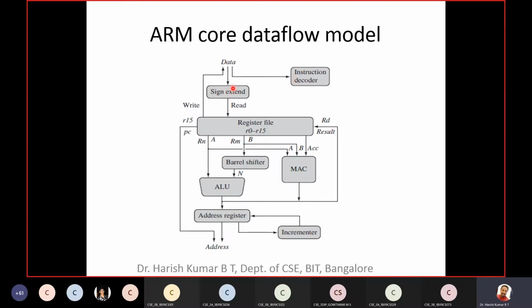What the sign extended hardware does is, if the operand is only 8-bit or 16-bit, then it gets sign extended to 32-bit. Because the capacity of all the registers in the ARM7 design is 32 bits, even if you're giving data which is only 8-bit or 16-bit, it gets sign extended to 32-bit.